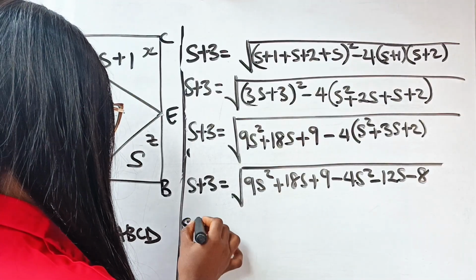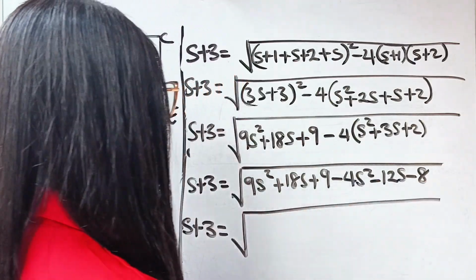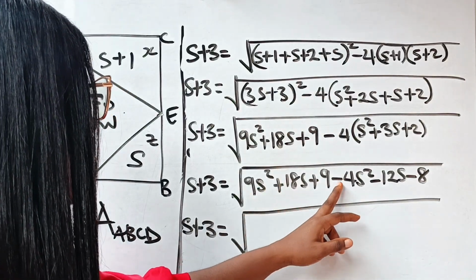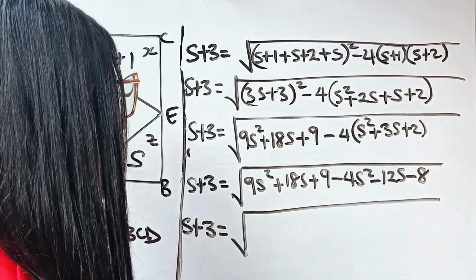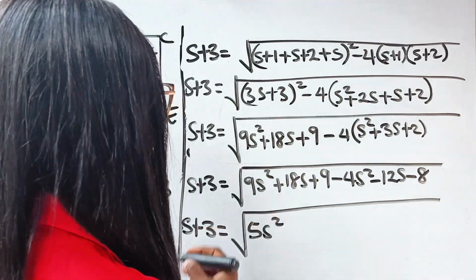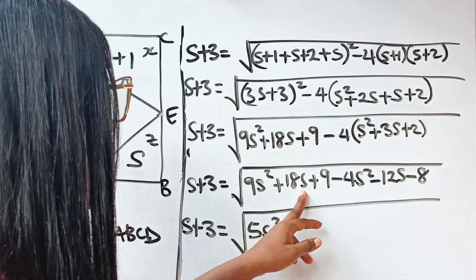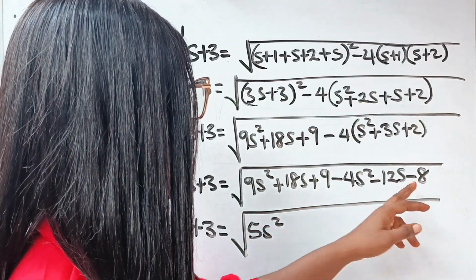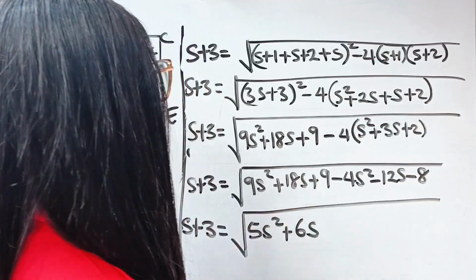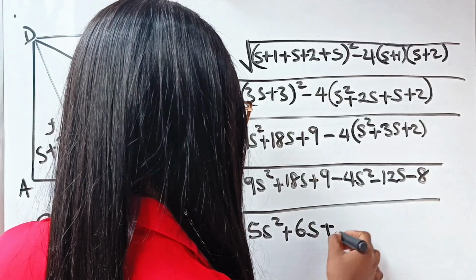So we have s plus 3 is equal to the square root of, now we have 9s squared minus 4s squared, and that will give us 5s squared, right? 5s squared. Now 18s minus 12s, that will give us plus 6s. Then 9 minus 8 will give us plus 1.